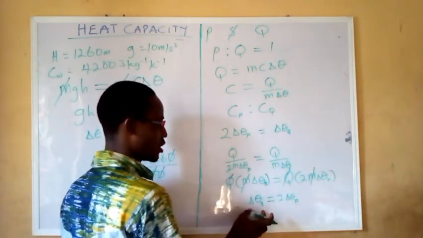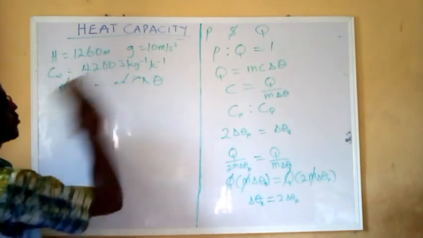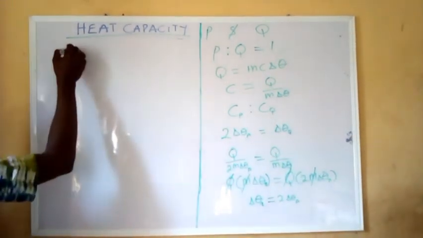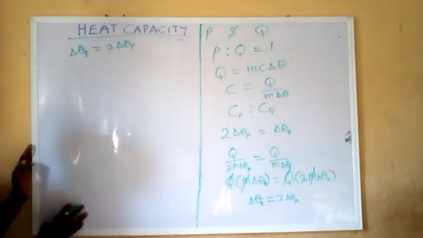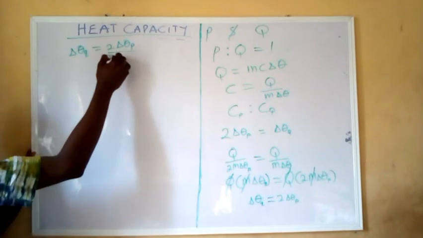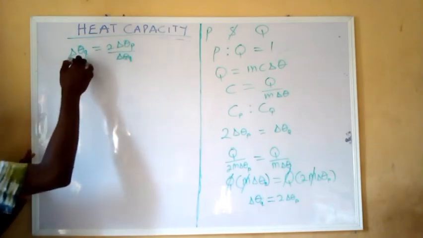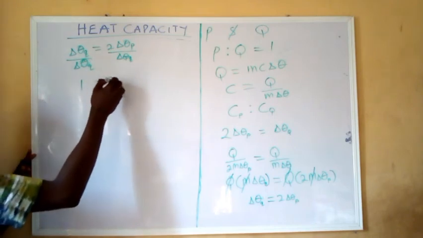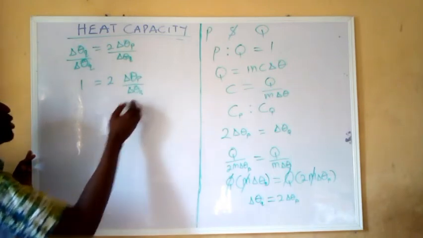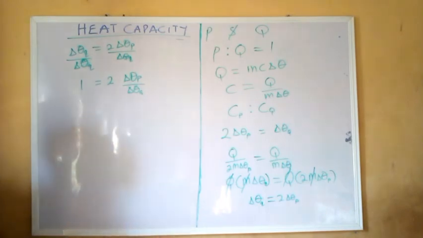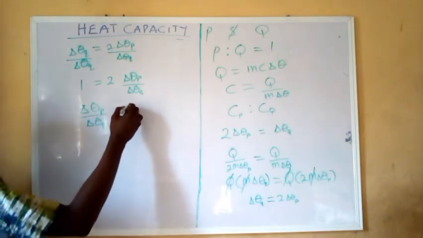So we are dividing both sides by change in temperature of Q. So we are going to have change in theta Q equals change in theta P. Dividing both sides by change in theta of Q, this gives 1 equals 2 change in theta P all over change in theta Q. Dividing both sides by 2 again, change in theta of P all over change in theta of Q is equal to 2 to 1.